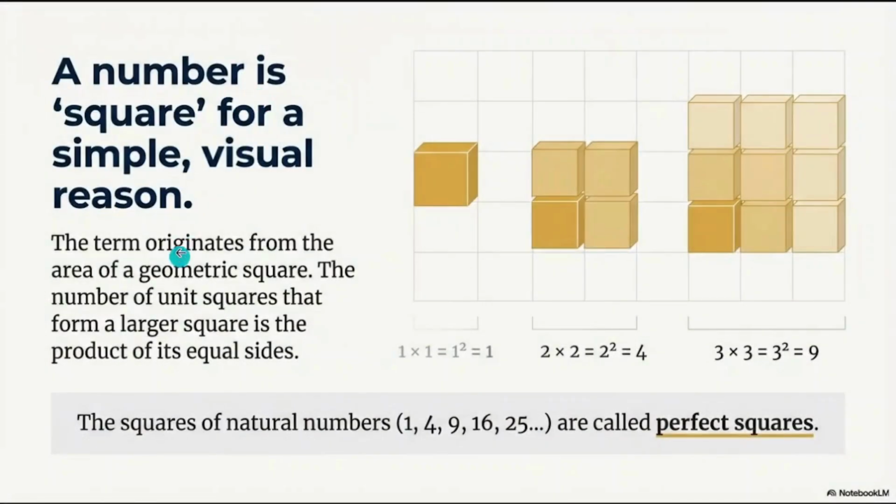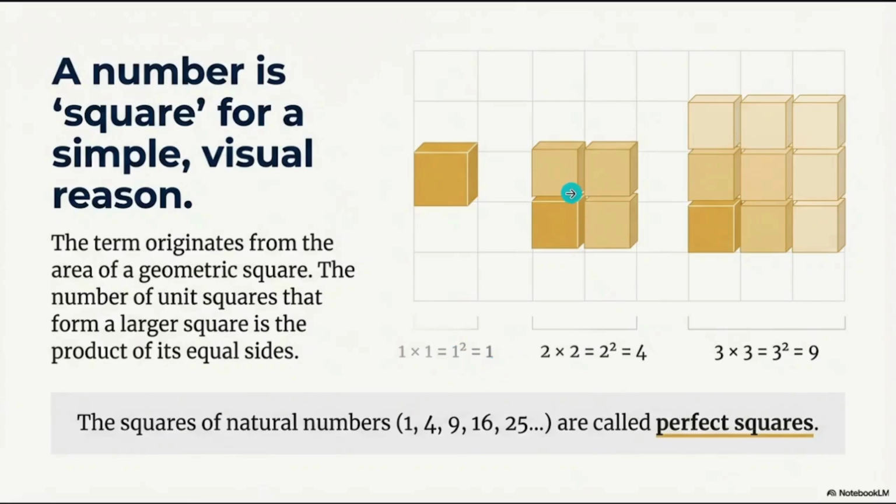So basically, visualize a square. If you visualize a square, then what do you see? You see that the number of unit squares that form a larger square is the product of equal sides. For example, this is one square. If I want to find its area, 1 into 1. It is written as 1 square equals 1.